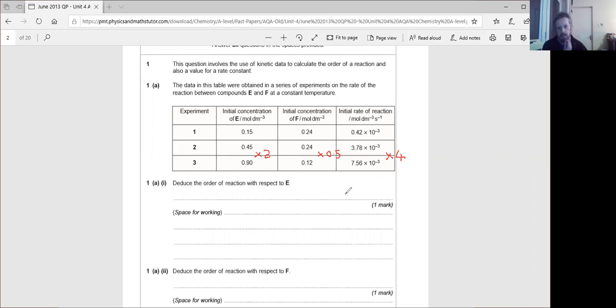Well, let's assume that it's first order with respect to F, because I think you can see that that rate is not 4 times that rate. It's about double, isn't it? Yeah, it is double. So if we assume that it's first order with respect to F, it's obviously not 0 order. Let's try multiplying it by 0.5.